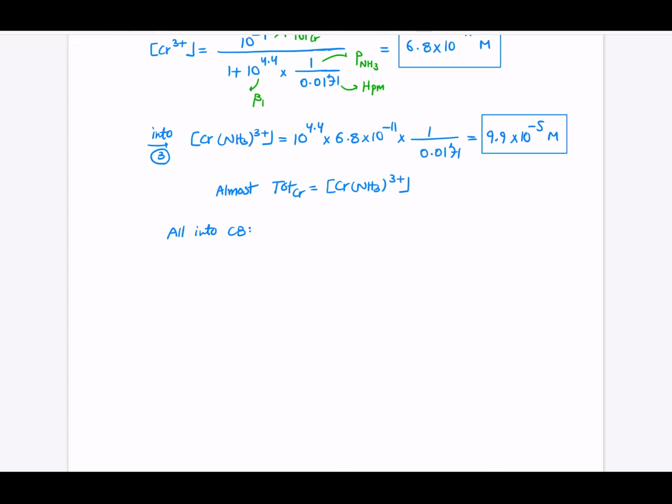So what we get is H plus, something we want to calculate, plus 3 times chromium 3 plus, 3 times chromium ammonia, plus ammonia plus hydroxide plus nitrate.